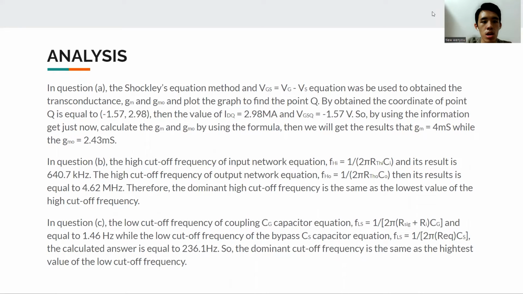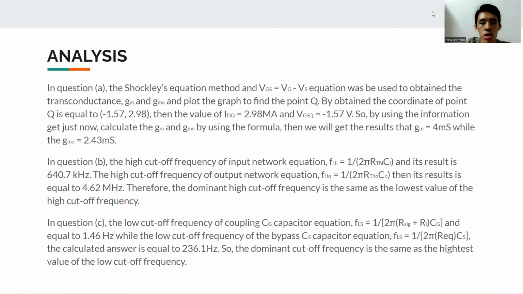Analysis. In question A, Shockley's equation and the VGS equals VG minus VS equation were used to obtain the transconductance gm and gm0. Then we plot the graph to find the point Q. The coordinates of point Q are negative 1.57 and 2.98, so the value of IDQ equals 2.98 milliampere and VGSQ equals negative 1.57 volts. Using this information, we calculate gm and gm0 using the formula.